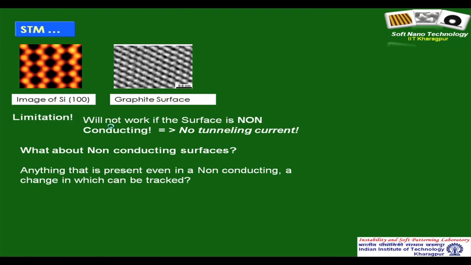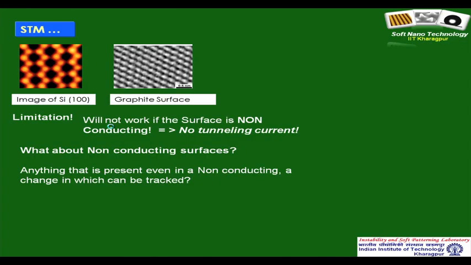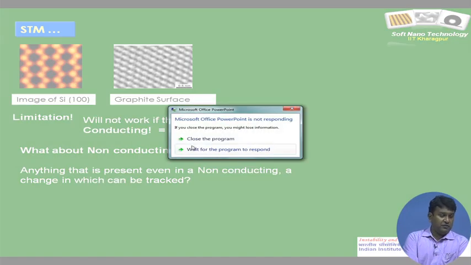So, it is a fact that with only an STM you cannot really utilize this beautiful technique for reconstruction of non-conducting surfaces, and that is a huge limitation, and therefore, people started to think of how these techniques can be utilized for non-conducting surfaces, and that in fact led to the discovery of the atomic force microscope.